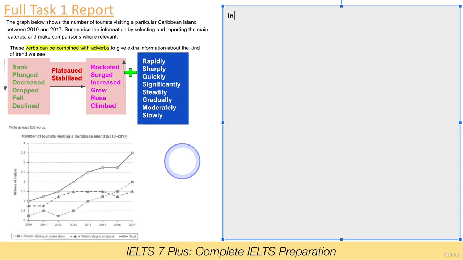So we can open up with, perhaps we can say, the graph below shows the number of tourists. The line graph provides data on the number of visitors to an island in the Caribbean.